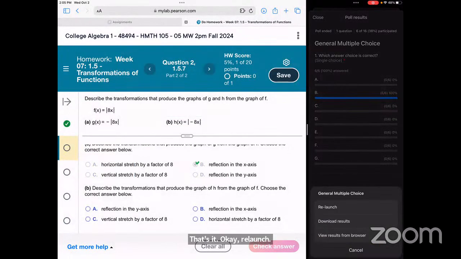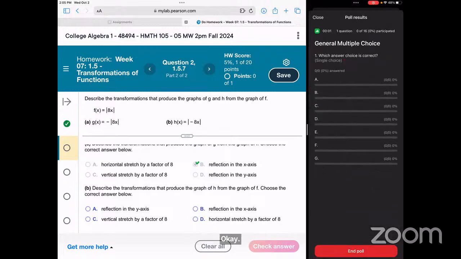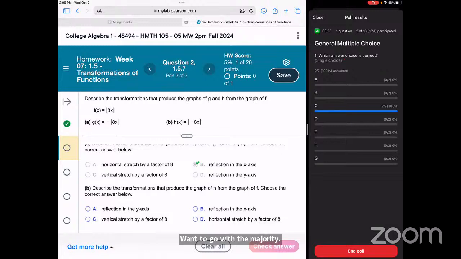Okay, relaunch. So next one, we're multiplying the inside by a negative. Does it A, reflect over the y-axis, B, reflect over the x-axis, C, cause a vertical stretch by a factor of 8, or D, horizontal stretch by a factor of 8? We're going to take a few more seconds, and I'm going to trust you guys and go with the majority here. A few more. The others? Going once, going twice.